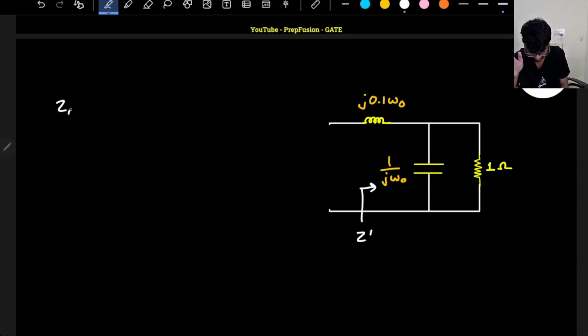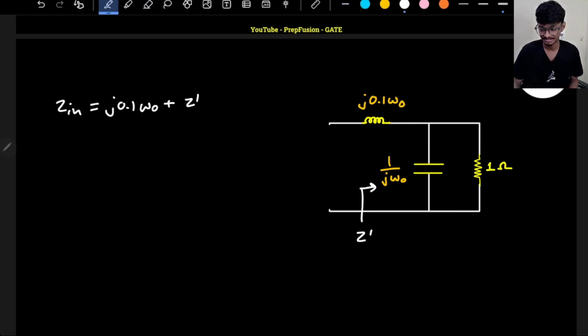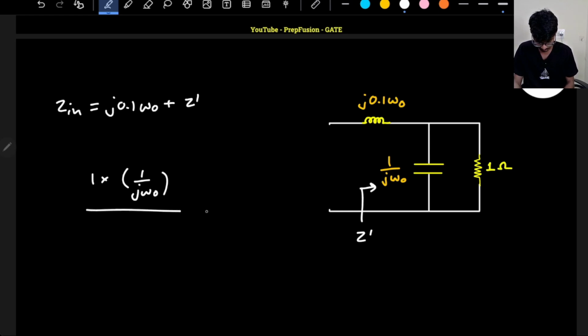So ultimately my Z in will be equal to j 0.1 omega naught plus Z dash. So what is Z dash? Z dash is the parallel combination of the capacitor and the resistor. So it is 1 by j omega naught divided by 1 plus 1 by j omega naught.